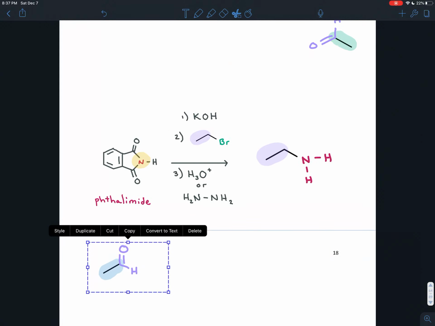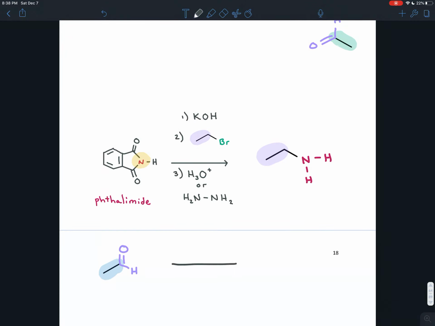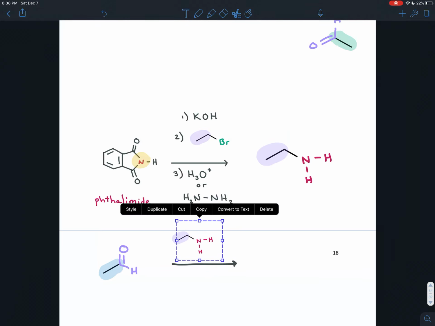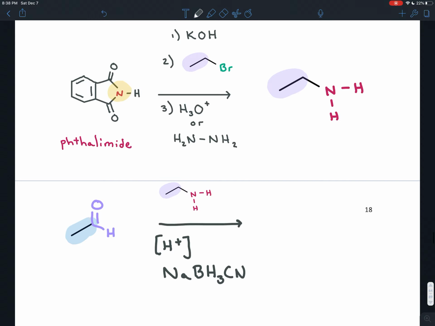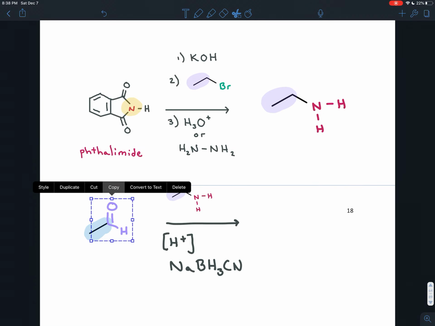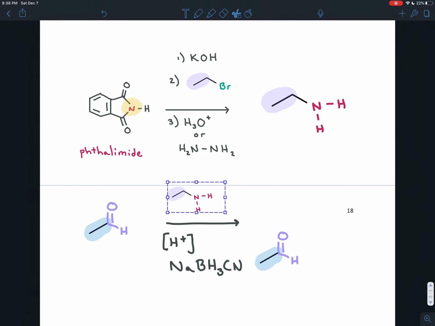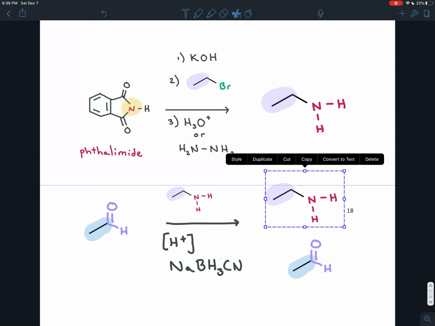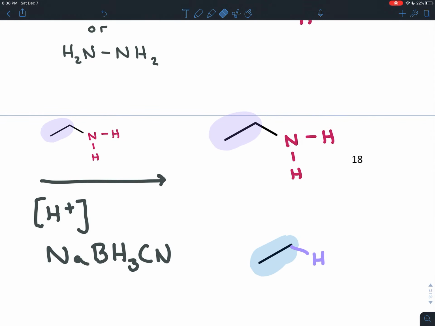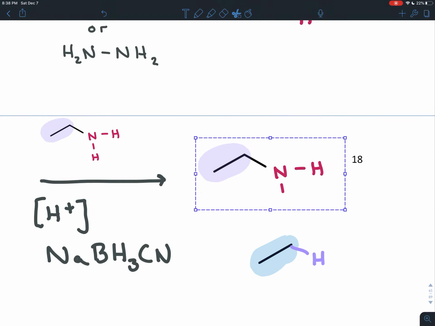So we can use the first one, and if we combine that with the amine we made in the Gabriel synthesis, and we use an acid catalyst and a weak reducing agent like sodium cyanoborohydride, NaBH3CN, then the effect is that where the carbonyl was, you attach the nitrogen.